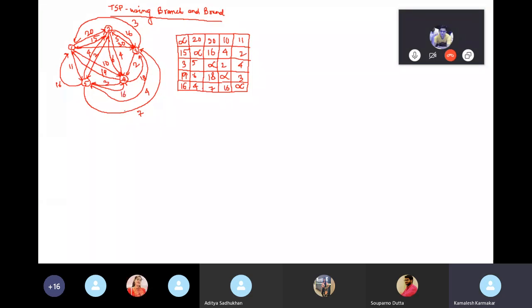So this is the given graph, and we have to solve it.